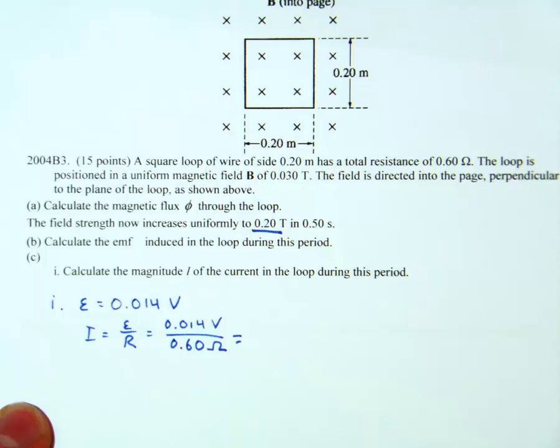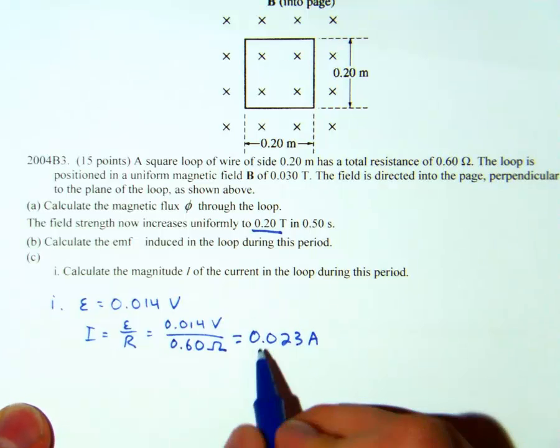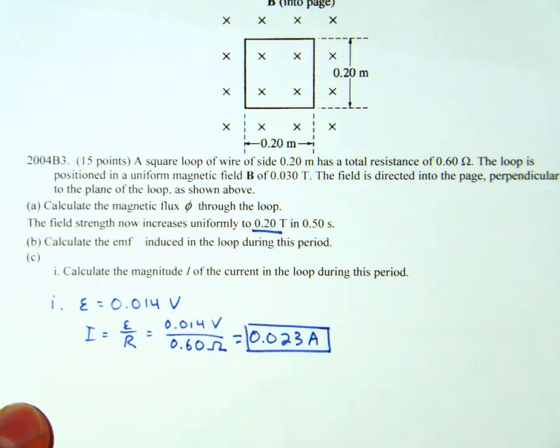I'm left with a very easy calculation again of 0.023 amps of current. That is my induced current during this period.